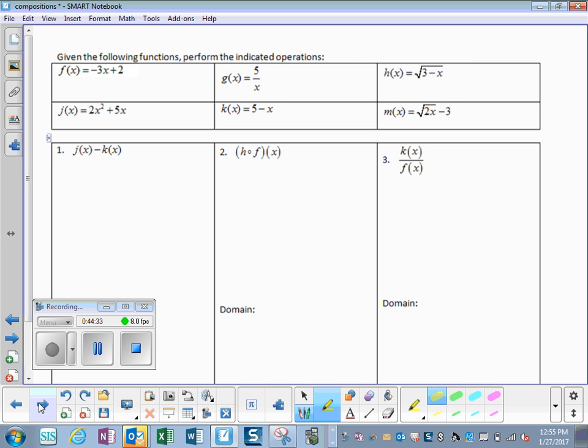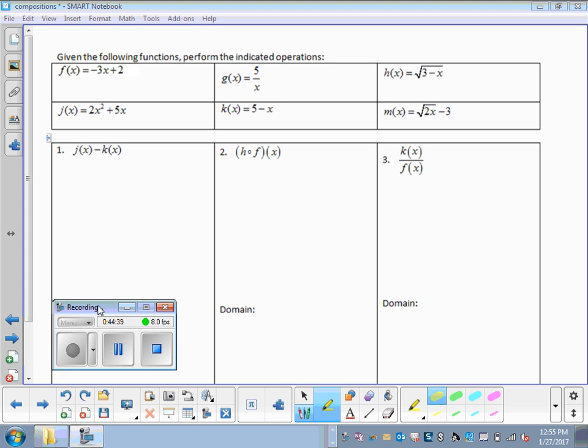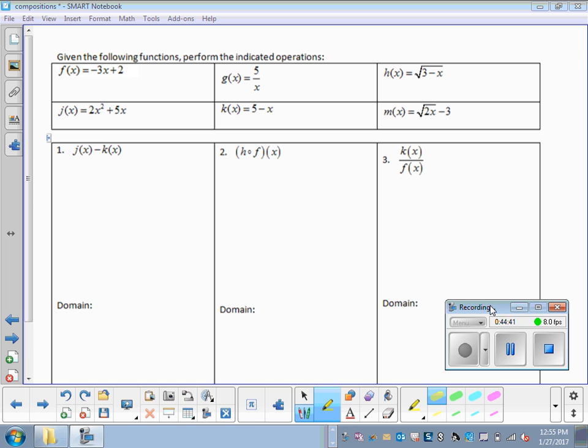Let's do the first one together, the next two you'll do by yourself. Well, actually, let's do all three together.